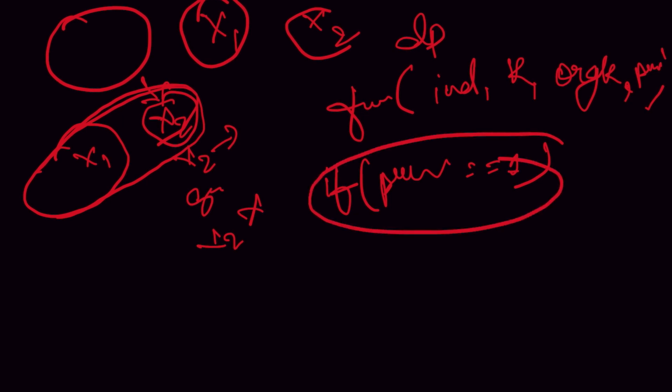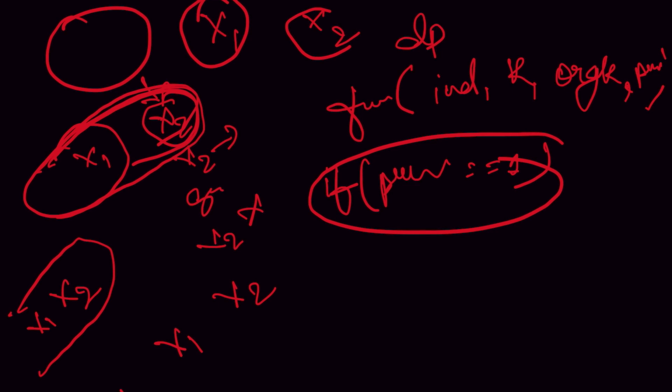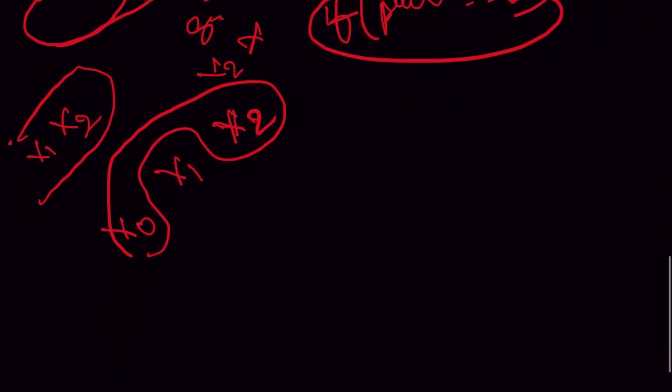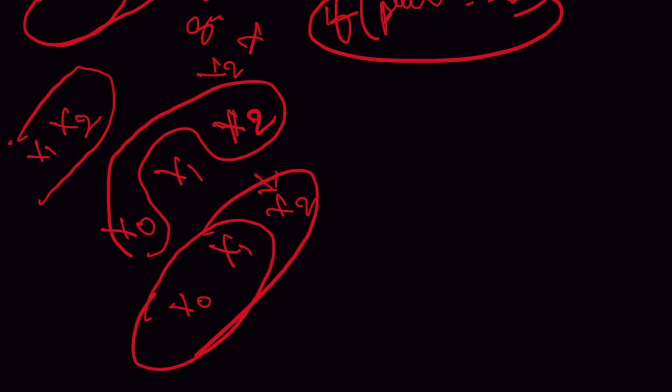If the previous is 1, then only this condition will be fulfilled, that you include this x2 in the previous subarray that has picked x1. If x1 hasn't been picked, then there was x0, so you cannot include x2 in your previous subarray, because this would not be a subarray. So if your x1 got picked and you are standing at x2, you can include x2 in your previous subarray.